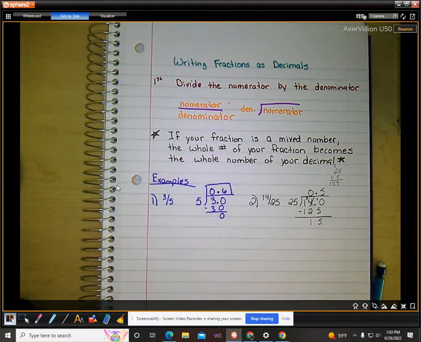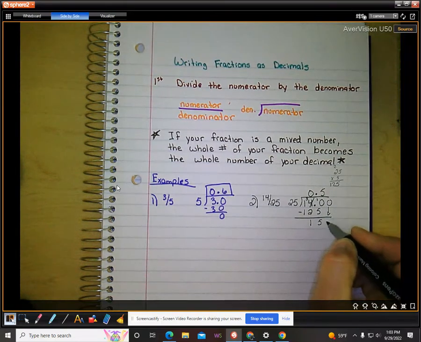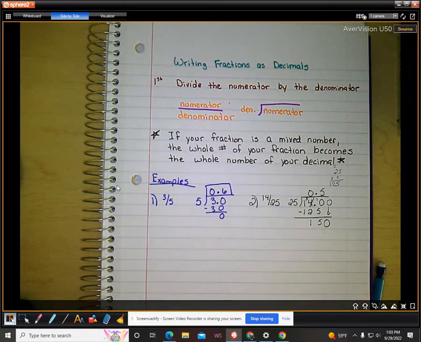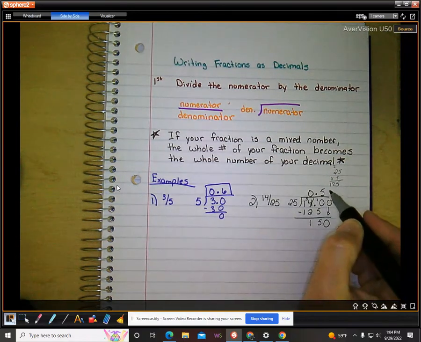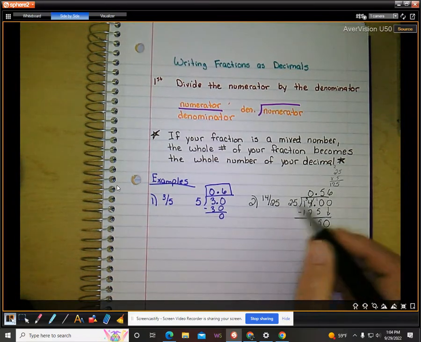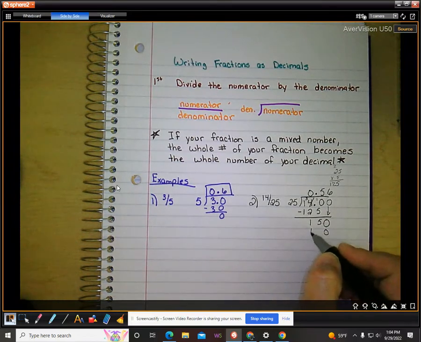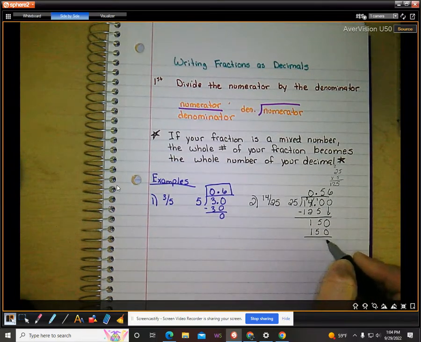Then we cannot have a remainder. So you're going to add another 0 and bring it down. So now we're taking 25 into 150 or a quarter into $1.50. Isaiah? You would need 6 of those. Okay, 6 times 5 is 30. 6 times 2 would give you 12 plus the 3 you carried gives you 15.